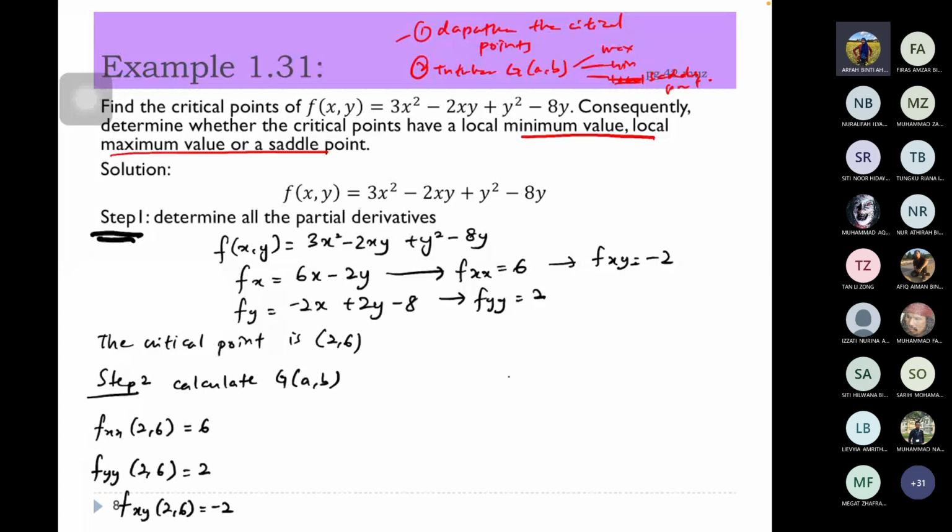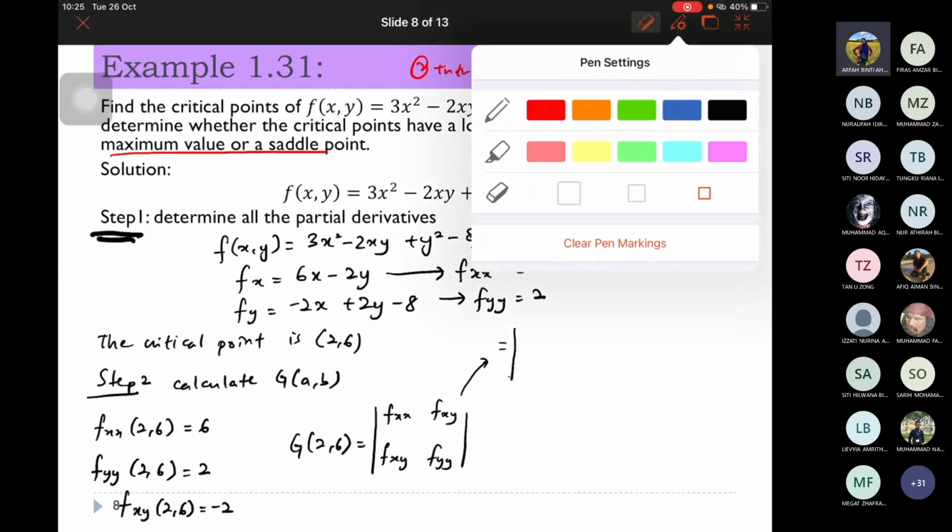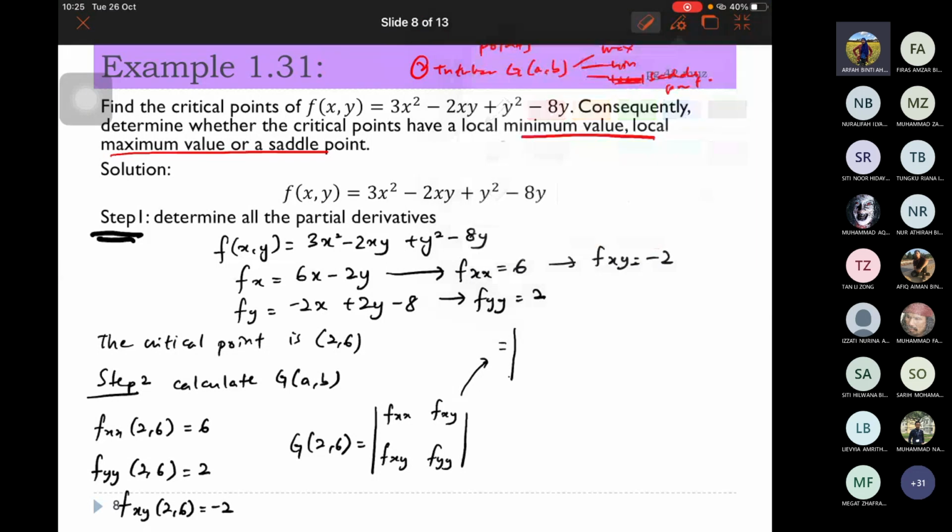So daripada sini G26, okay, sama dengan find the partial derivative fxx, fxy, fxy, fyy. Okay. That is sama dengan fxx tadi kita dapat 6, fxy is negatif 2 atau 2.